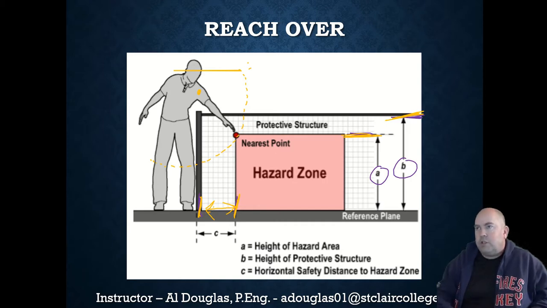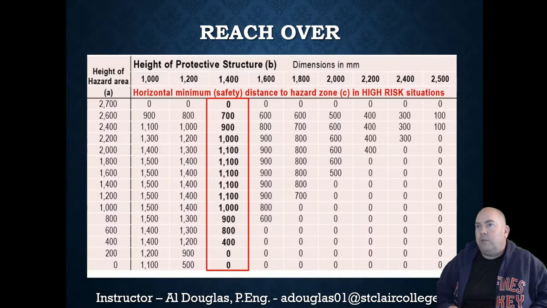We actually have a chart that helps us figure this out. It looks like this, where we can look up our height of the hazard here. So find your height over here, and you have your height of your fence along here.